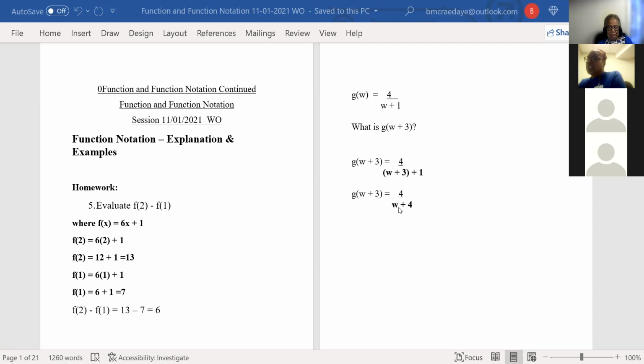So the denominator is W plus 4, and our answer is 4 over W plus 4. Follow, Latoya? Yeah. So what were you doing? I think you sent a W plus 4, but it was in the numerator, right? Yeah. But the denominator has the W plus 4. The numerator just has the constant 4.